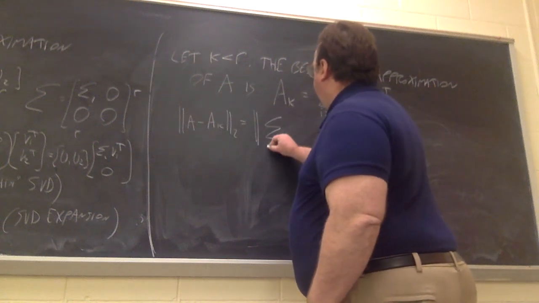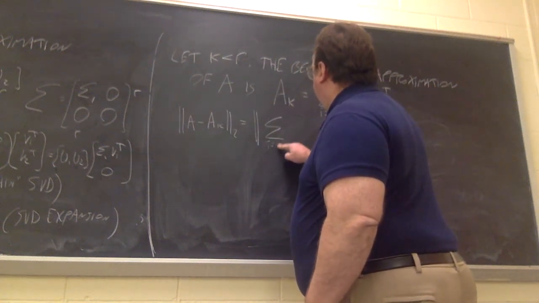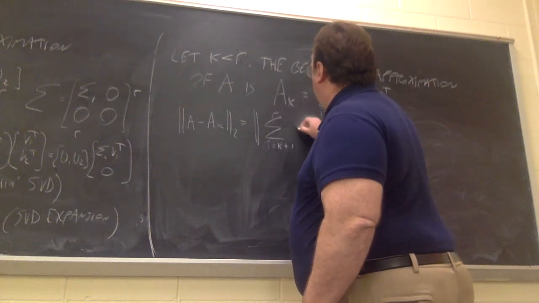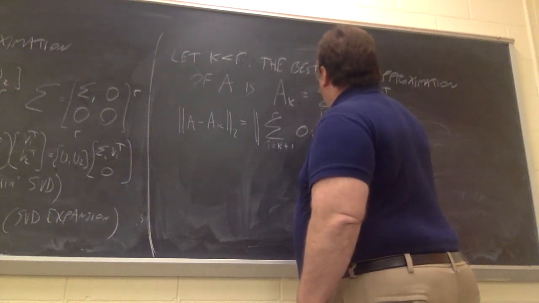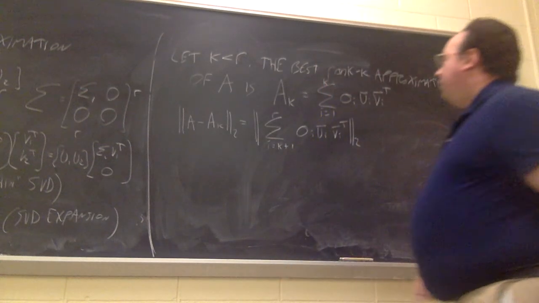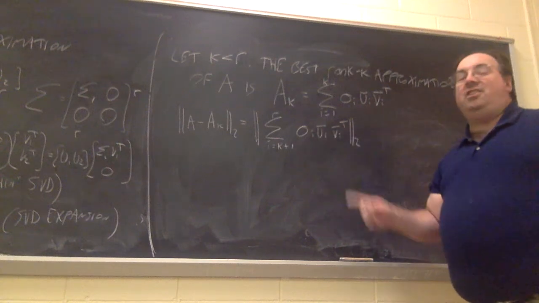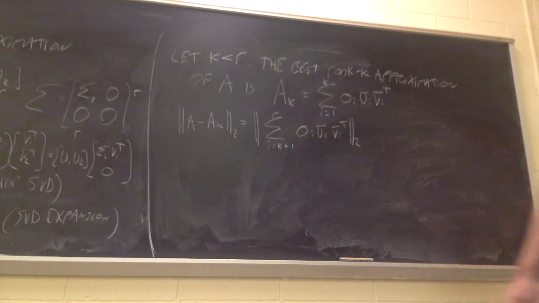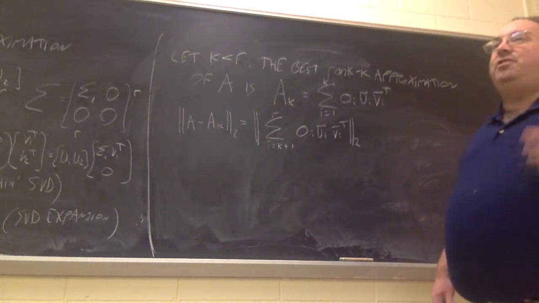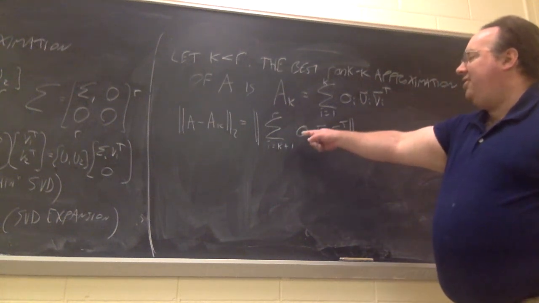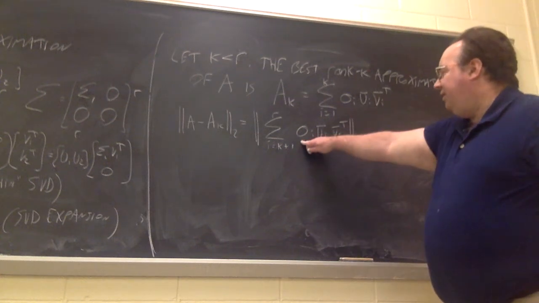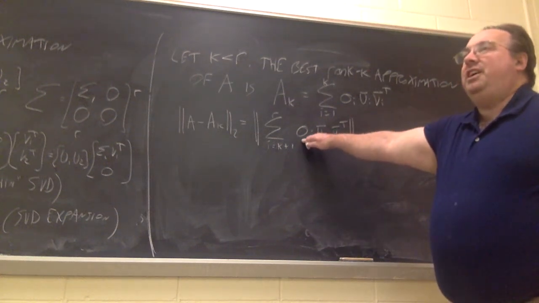So what's left is terms k plus 1 up to r. Well, this also is a singular value decomposition of a matrix. And these are left and right singular vectors that came from A. It's just different singular values. The first k singular values are 0. And then we have the other non-zero singular values in this sum.